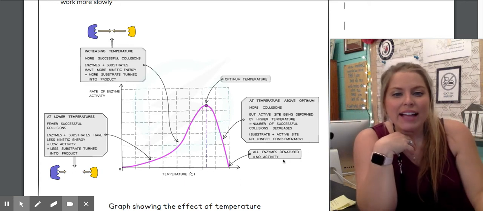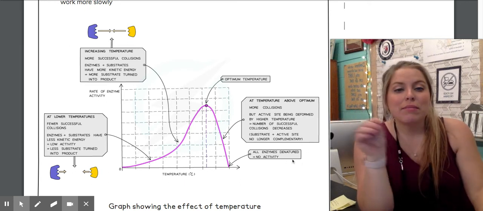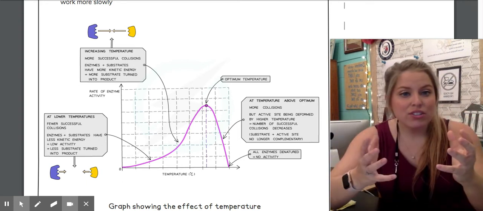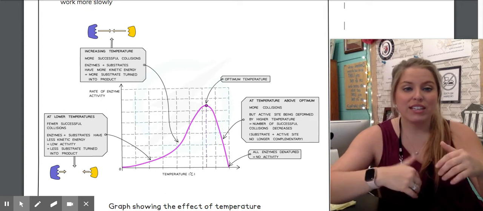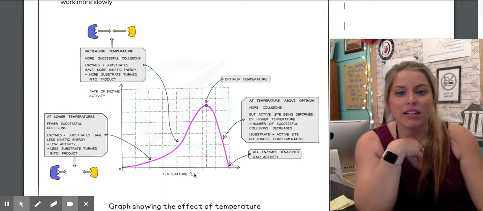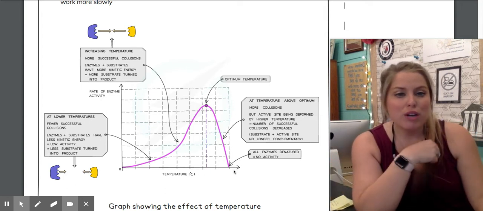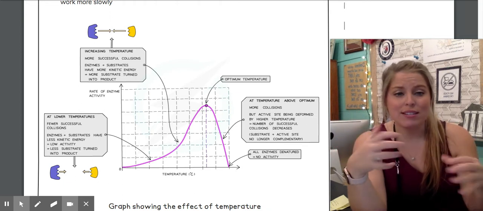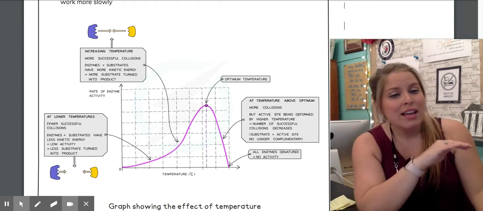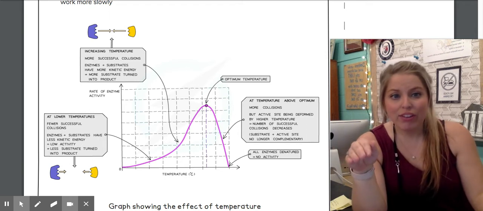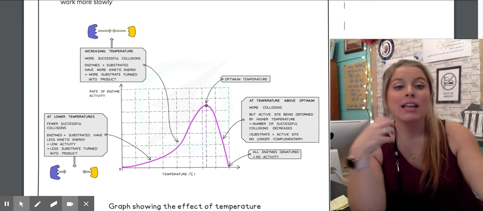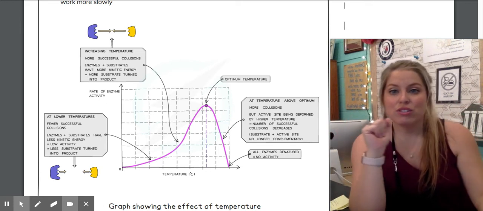We call that denaturing. When an enzyme denatures, it changes its shape, the substrate no longer fits, and the reaction cannot occur. So at this point, when there's complete drop-off, the temperature has completely changed the shape of the enzyme, the shape of the active site. There will be no enzymatic activity because there's no more active site. There's no more place for the substrate to come in and fit, and then the reaction to occur.